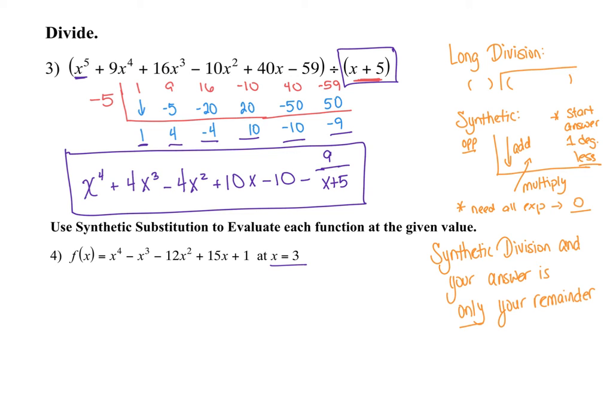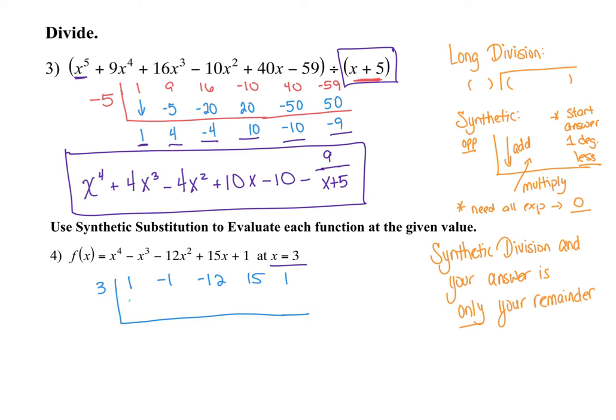So for synthetic substitution, you're going to do exactly the same thing. Do not negate what is given to you. It's a 3. Use your coefficients 1, -1, -12, 15, and your constant. Again, if I were missing any of those, 4, 3, 2, 1, and a constant, I would put a 0 there. The process is the same.